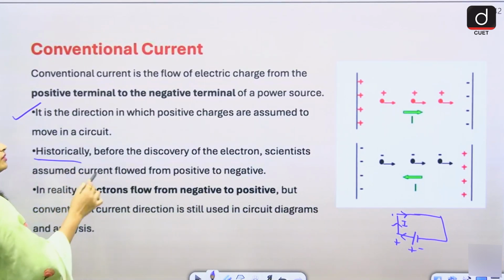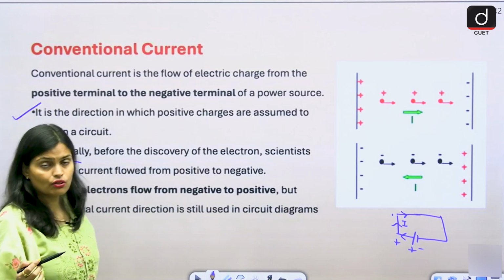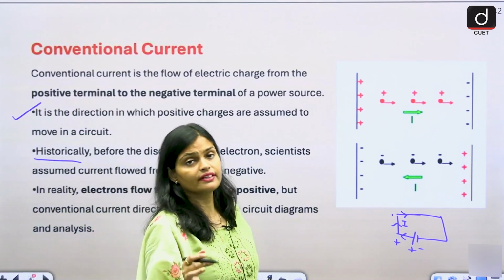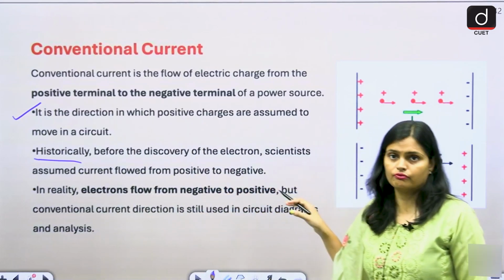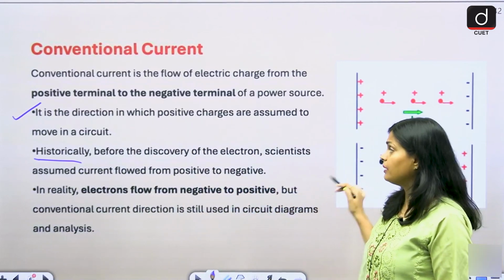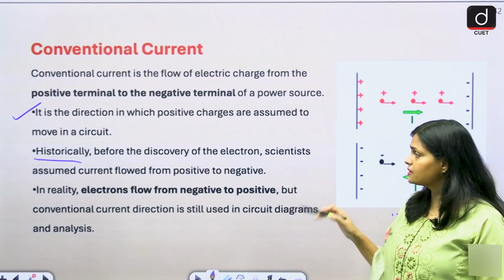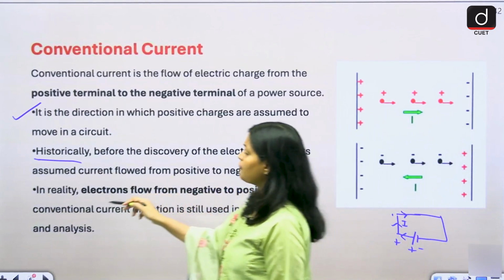Historically, जब तक electron की discovery नहीं हुई थी, all the scientists believed this phenomenon of current. But once the electron was discovered, now what happened?